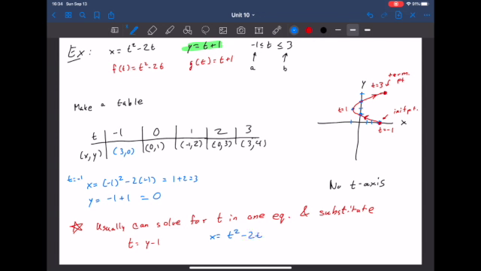So if I combine these two equations, x equals t squared minus 2 times t, and we're just replacing those t's with y minus 1, which should simplify to y squared minus 4y plus 3.